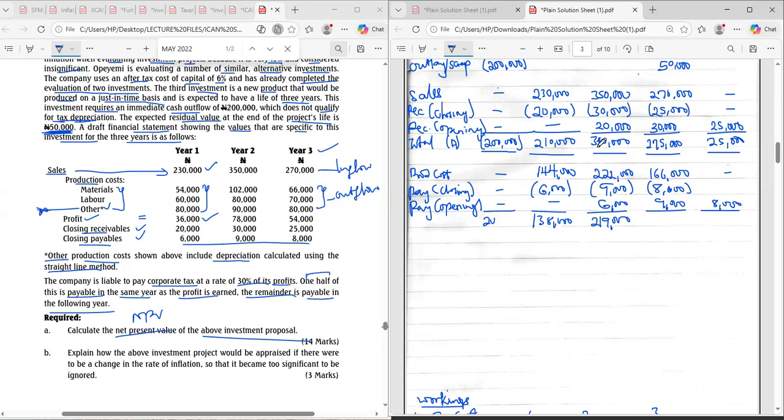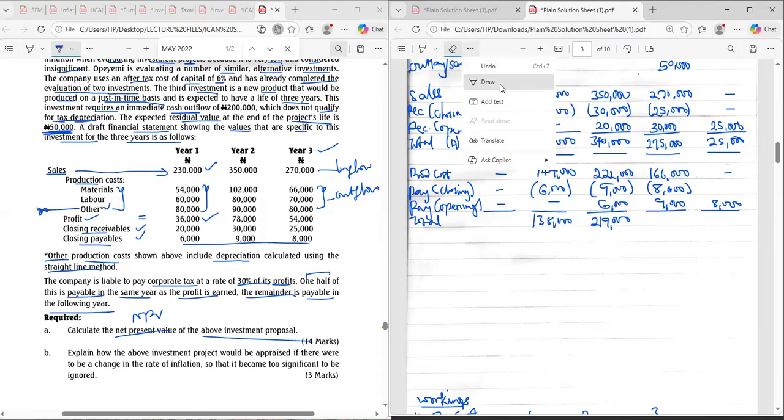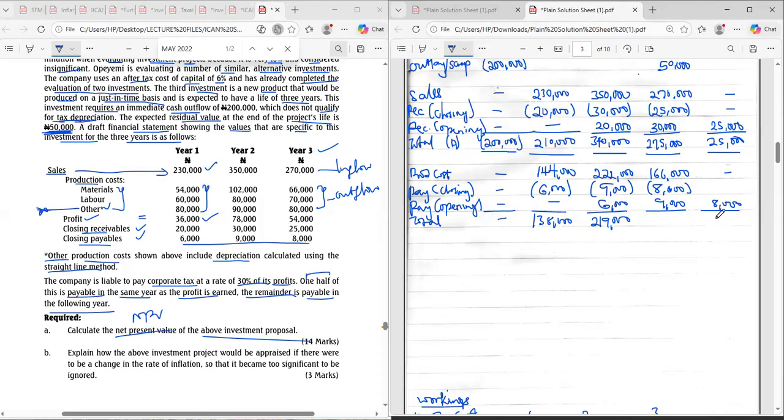Forget about total here. What about this one? All these figures are correct. So here should be dash. Oh, yeah, go on. This last one is 8,000. This last one here, 167. Please confirm, is that correct?